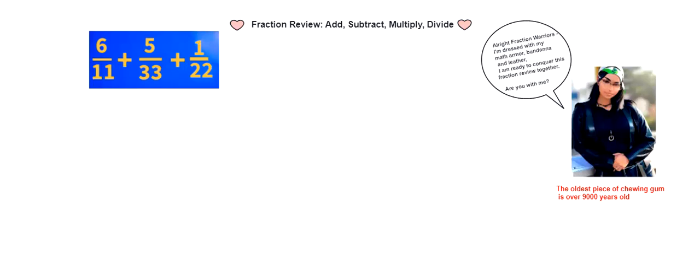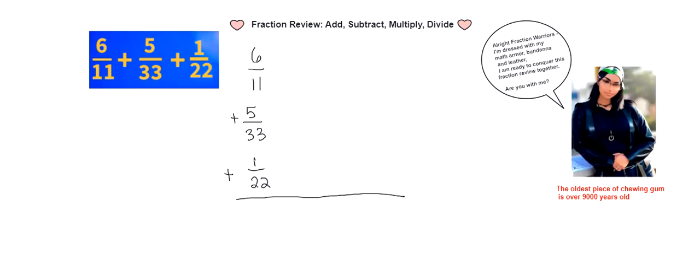We've got to find a common denominator. So the first thing I want to do, just because I like to do them vertically, I'm going to rewrite it vertically. 6 over 11 plus 5 over 33 plus 1 over 22.